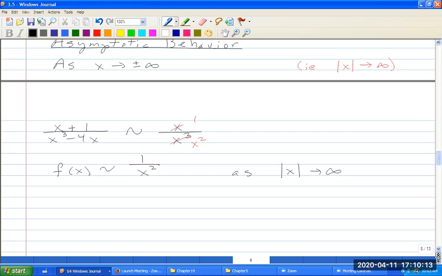But you notice that as x gets very large, 1 over x squared gets very, very small. And so this says that as x goes to infinity, y approaches 0. So therefore, y equaling 0 is the horizontal asymptote.